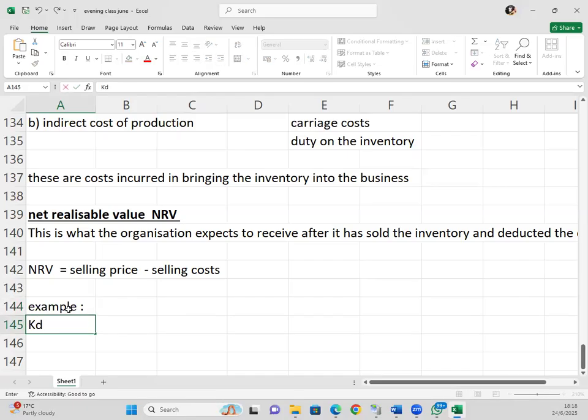KD Limited has the following items in inventory.